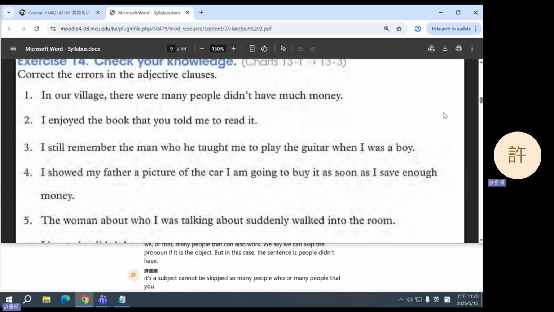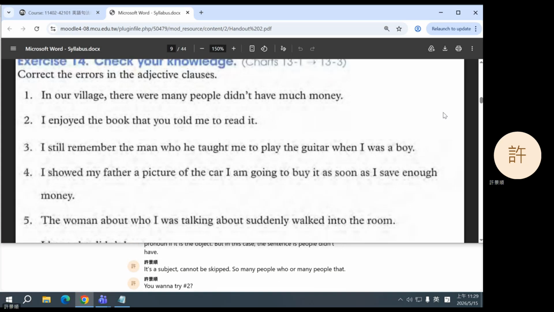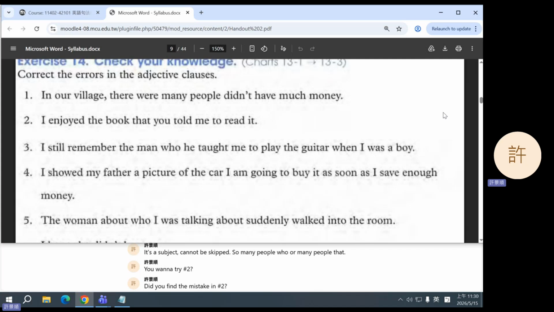You want to try number two? Did you find a mistake in number two? Also no? Okay. So the original two sentences, the first one is, I enjoyed the book.